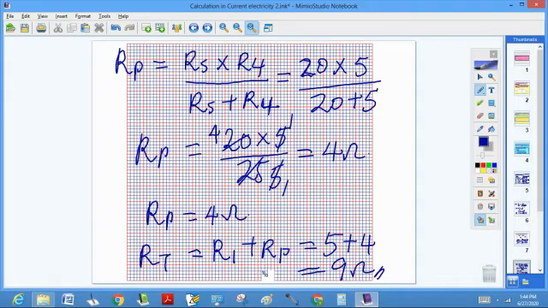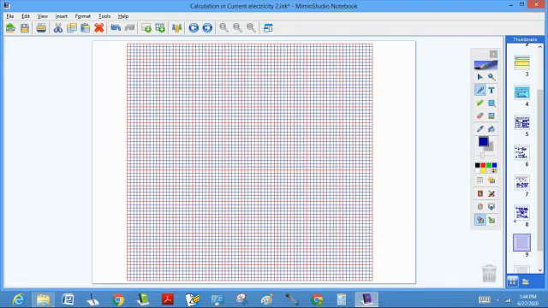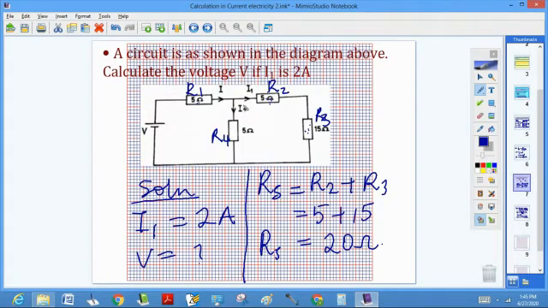Now, having found that, we proceed to find the overall current. We have to find the overall current, that is I, before we can find the potential difference V. But before we find I, we already know I1, so we have to find I2. To find I2, we have to find the potential difference across the parallel connection.